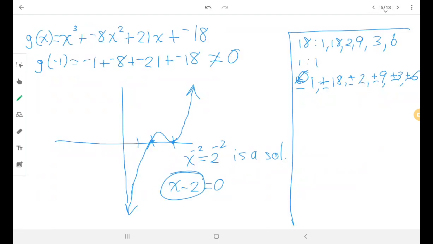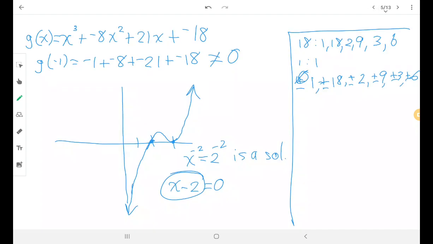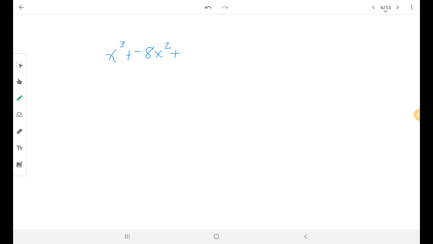I'm going to have to copy this again. x cubed plus negative 8x squared plus 21x plus negative 18 divided by x minus 2. And now I'm going to do the long division again. And you keep going through this process until you get it down to squared, which is what's about to happen for us. Okay?